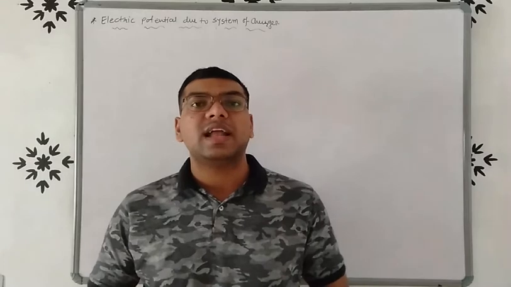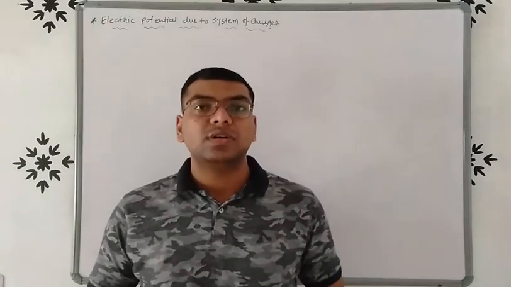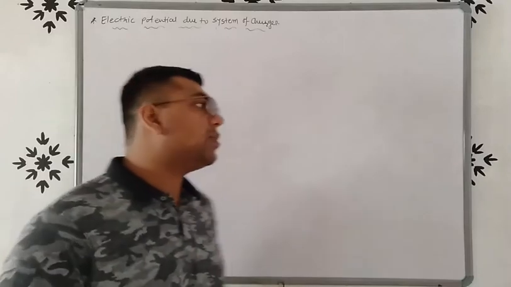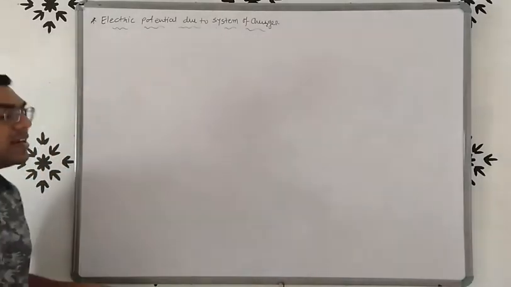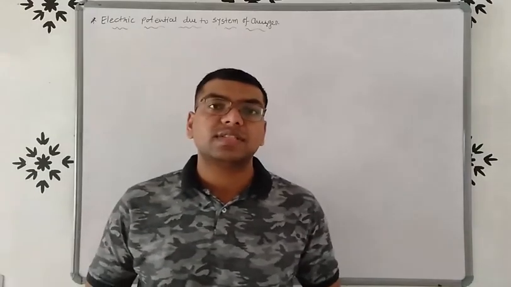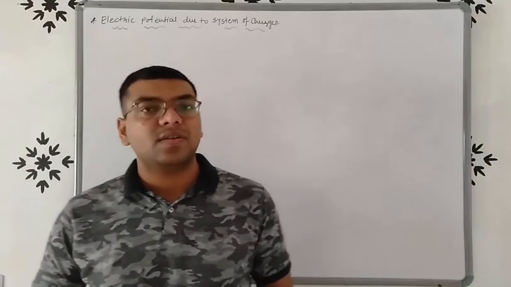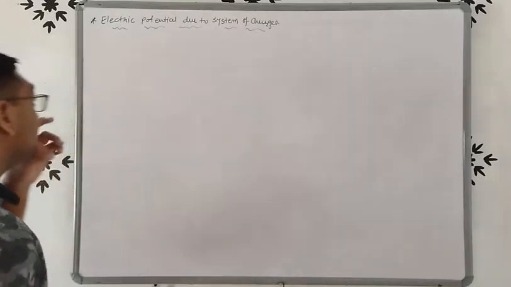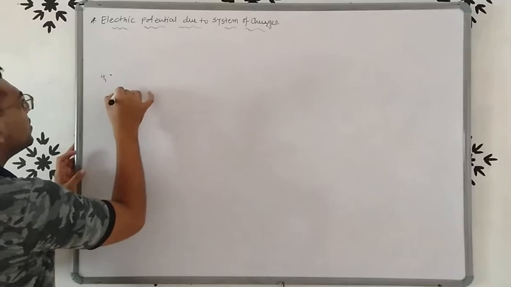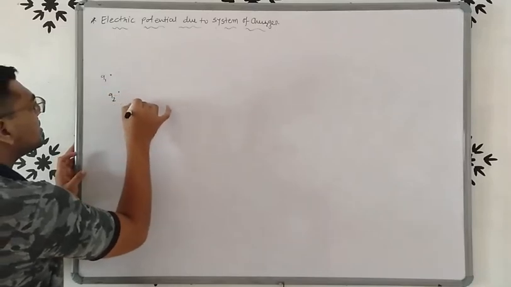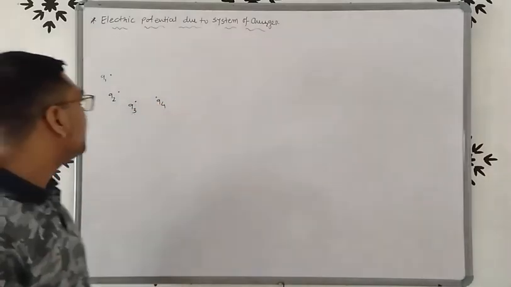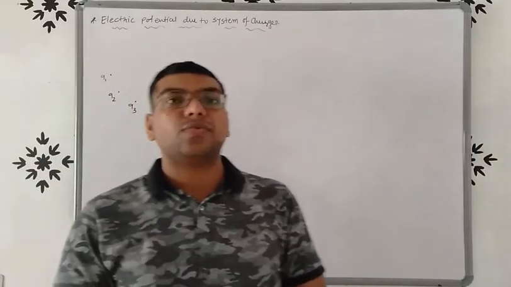So friends, now we will discuss the electric potential due to a system of charges. What is a system of charges? We already discussed the system of charges in chapter number 1. Here we consider a system of charges Q1, Q2, Q3, Q4. So there are four charges.